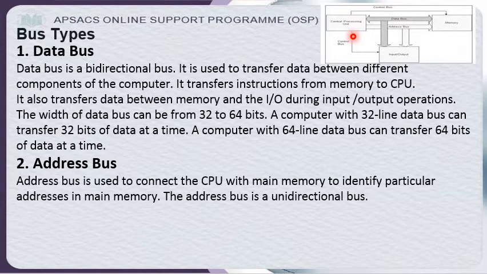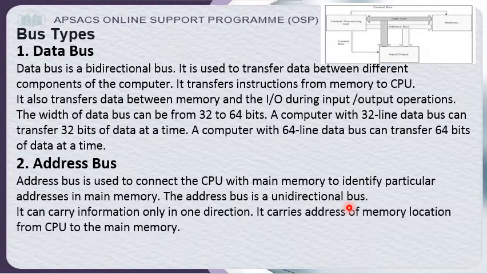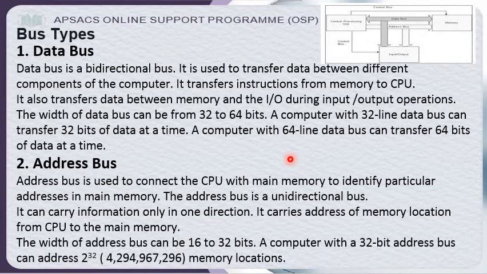So this is known as a unidirectional bus. It can carry information only in one direction, which I've explained previously. It carries the address of a memory location from the CPU to the main memory. The width of the address bus can be 16 bit or 32 bit.